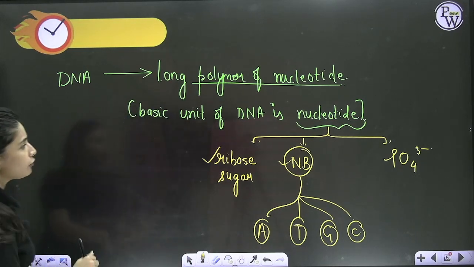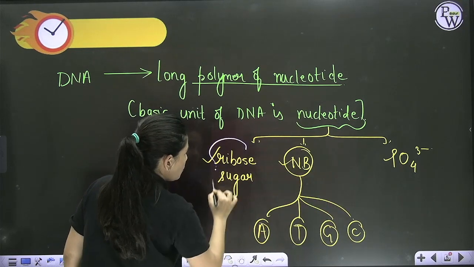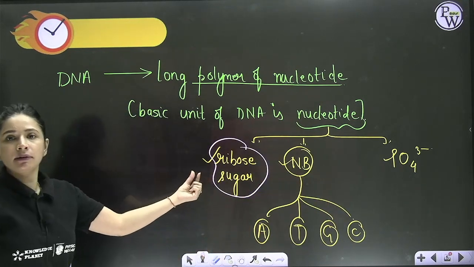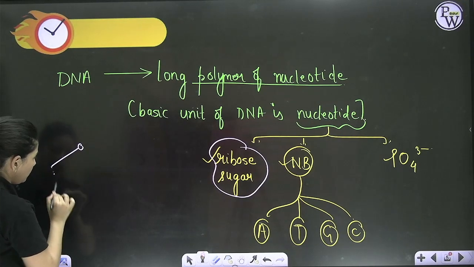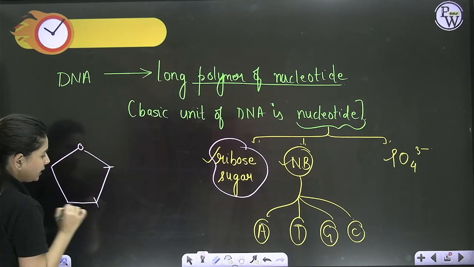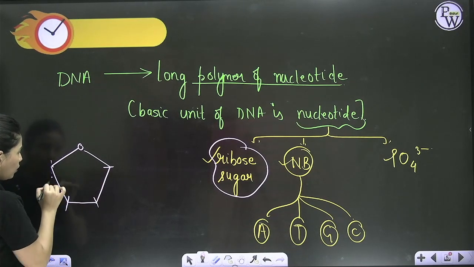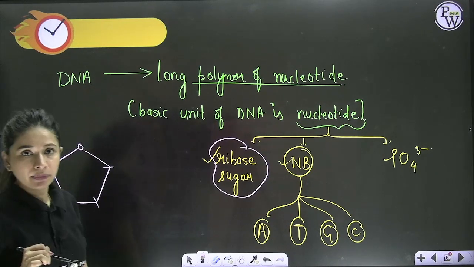Now if I have to draw a nucleotide, the base is my sugar. Which sugar? The 5-carbon ribose sugar. So see, here is my 5-carbon ribose sugar. First carbon, second, third, fourth, and to the 4th carbon is attached my 5th carbon, right?